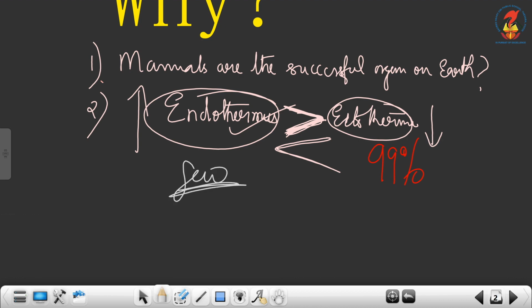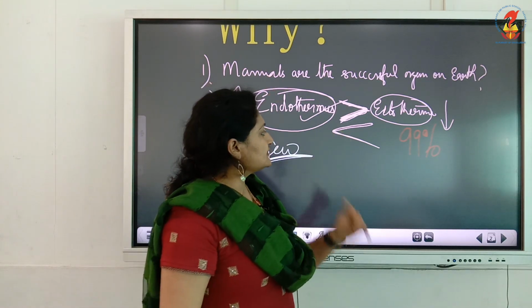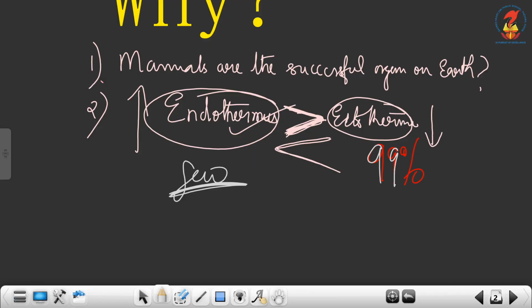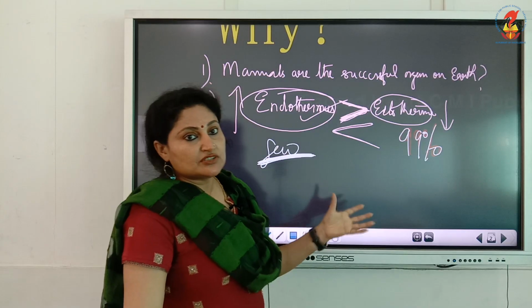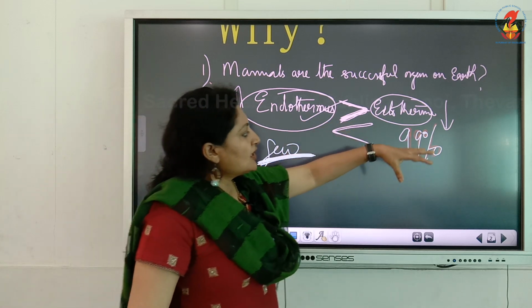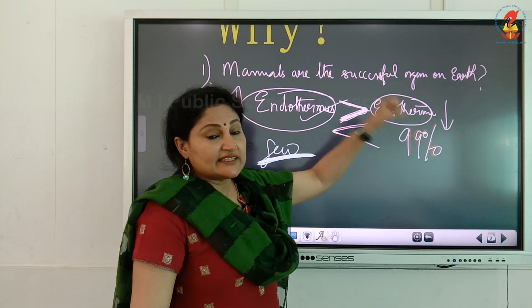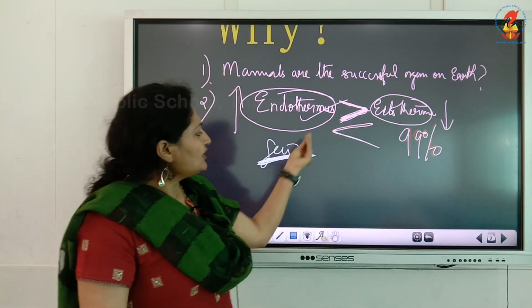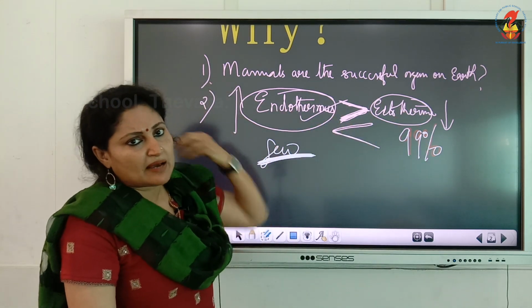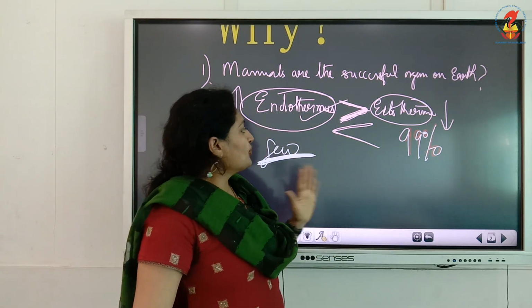Very few are regulators, that is only the mammals and birds. Now give the reason why. Only few organisms are regulators in spite of it being an efficient feature. So evolution should select this feature over that feature. But it is found that 99% are ectotherms or conformers, and only a few percentage of organisms like the mammals and birds are endotherms or have the ability for homeostasis. Why?